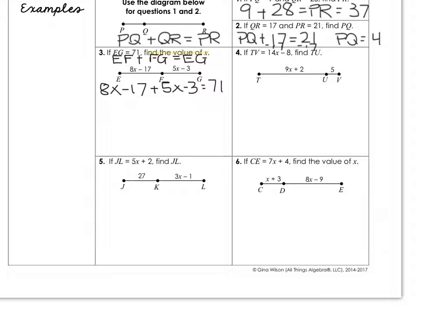Combine like terms: combine our variables, combine our constants, and solve. Divide by 13. x equals 7.